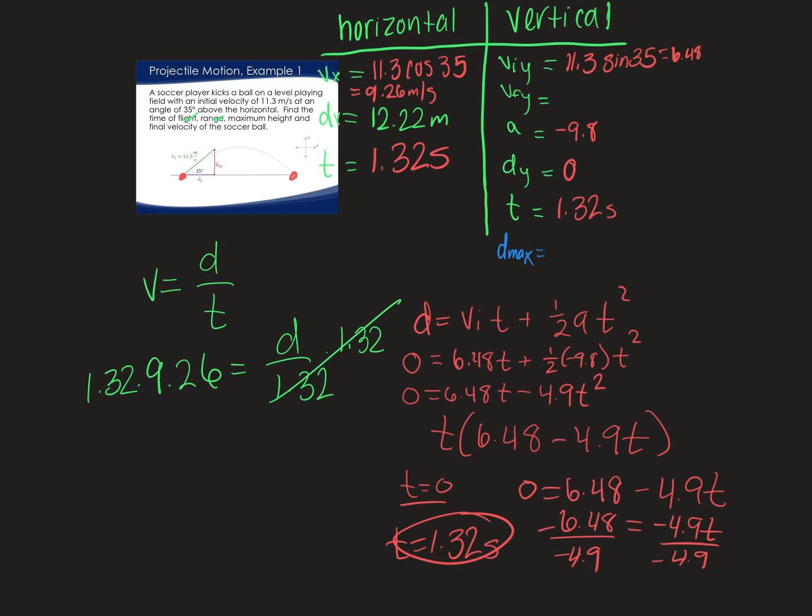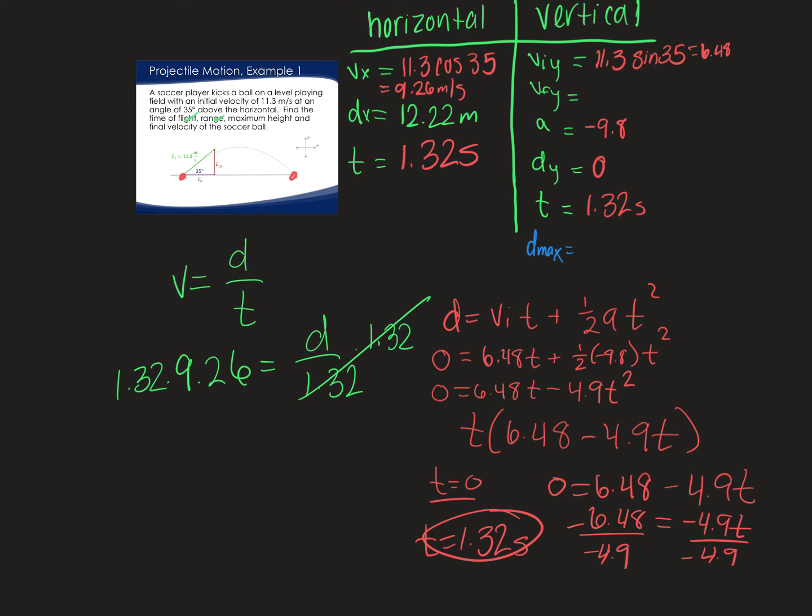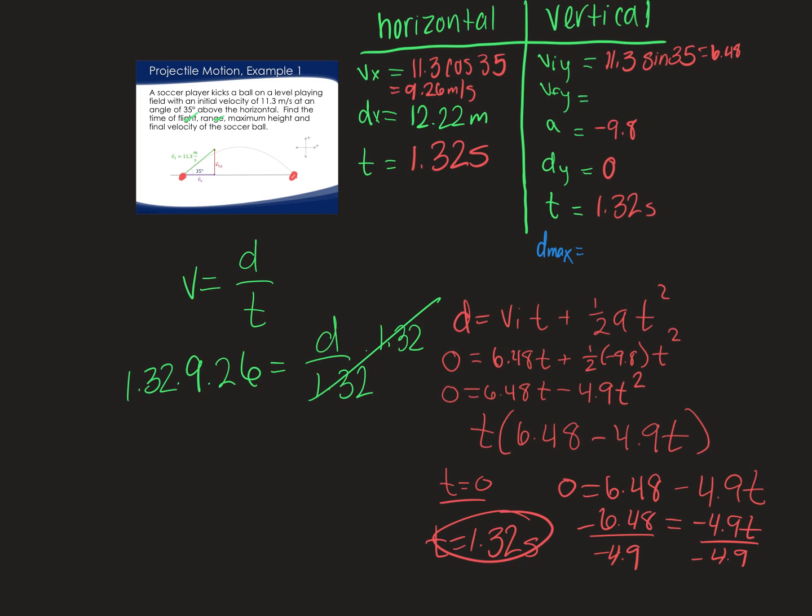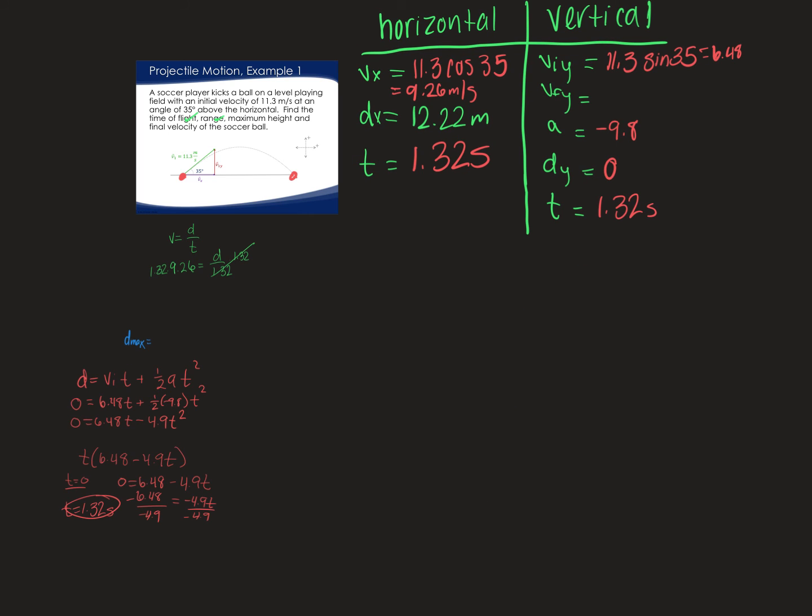Okay, so I'm going to, hold on, I'm going to do some moving. Okay, so my D max moved, but that's okay. So to find our max height, we're going to use half of our time. So half of our time is 0.66 seconds.